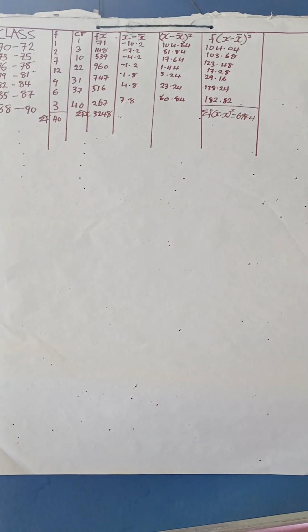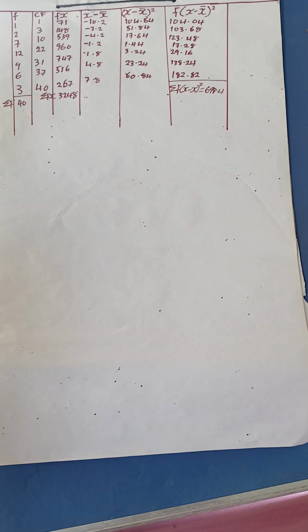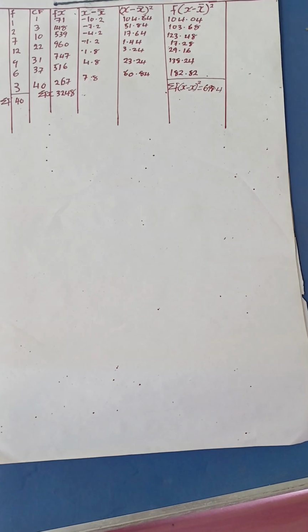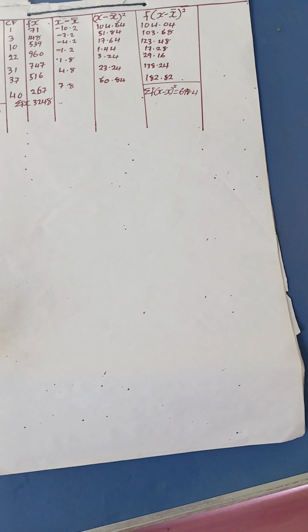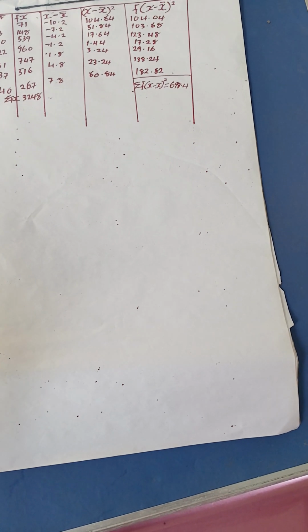We have a reason why we came to school. Now, we go to the next part. We want to find median. I think we have done arithmetic mean, standard deviation and variance. Now we want to find median.